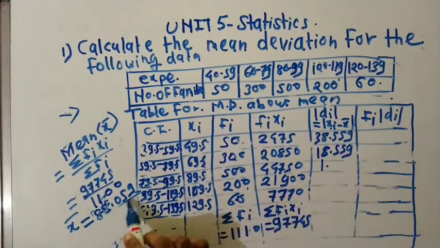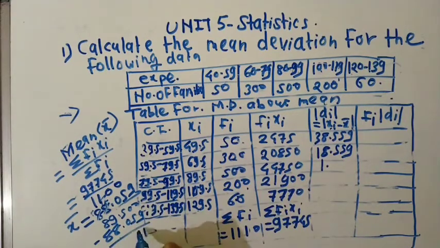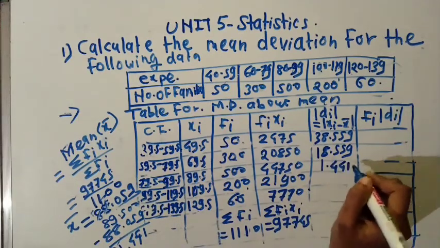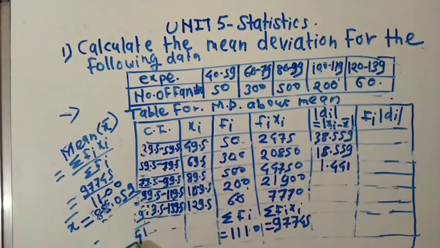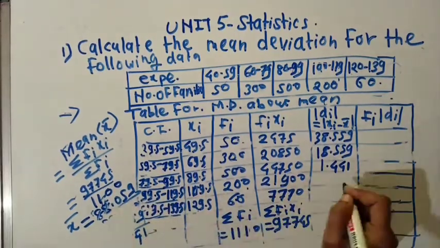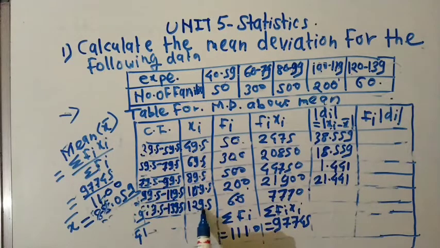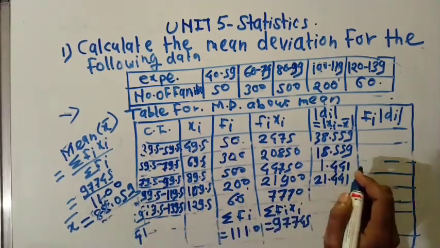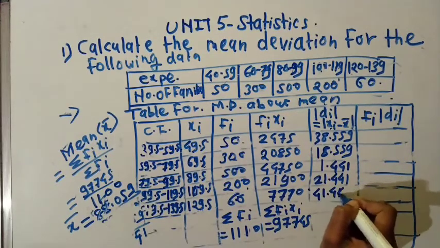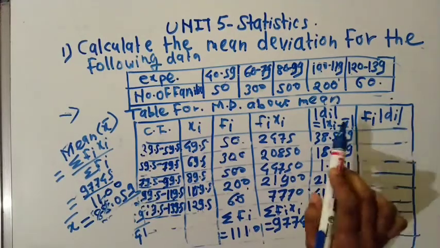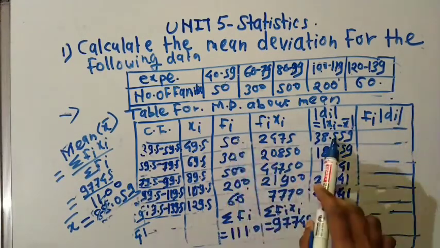Similarly, 89.5 minus 88.059 is 1.441, and then this minus this is 21.441, and then 129.5 minus this is 41.441.